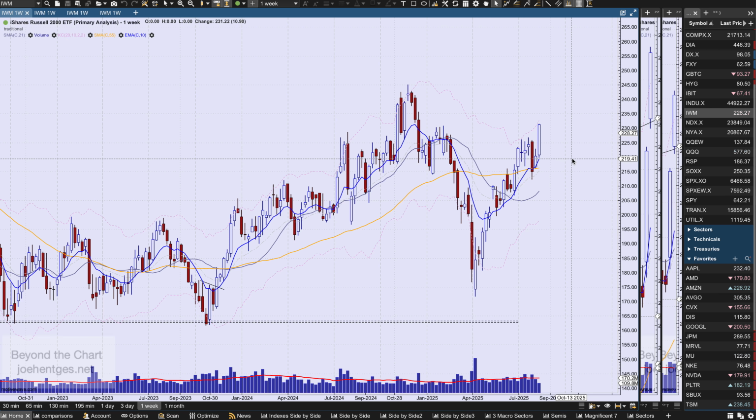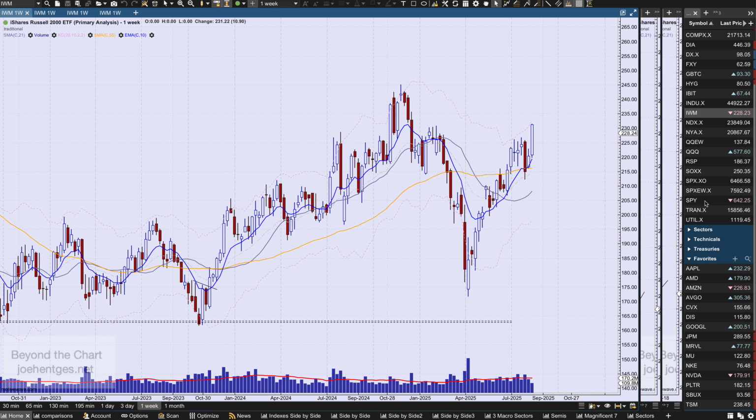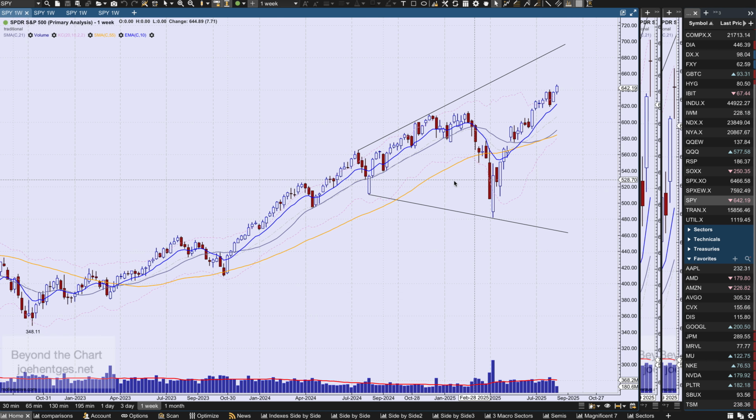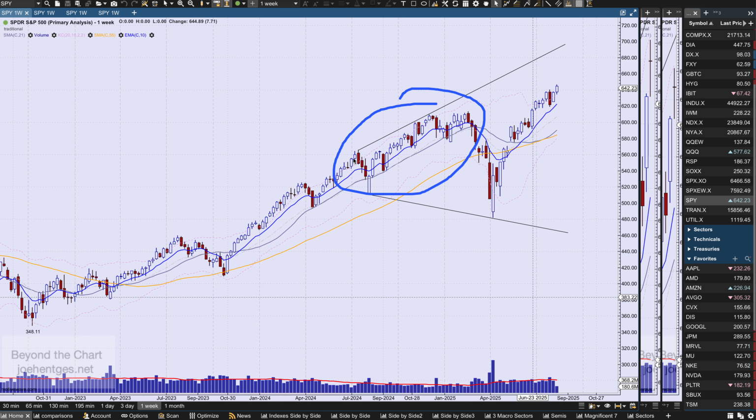So let's take a look at the SPY. All right, so here's the SPY. Now this one does have somewhat of a megaphone broadening top type pattern, but I gotta say, I don't really like this part of it all that much, because I really like to see a little more defined pattern to the megaphone, to the broadening top.